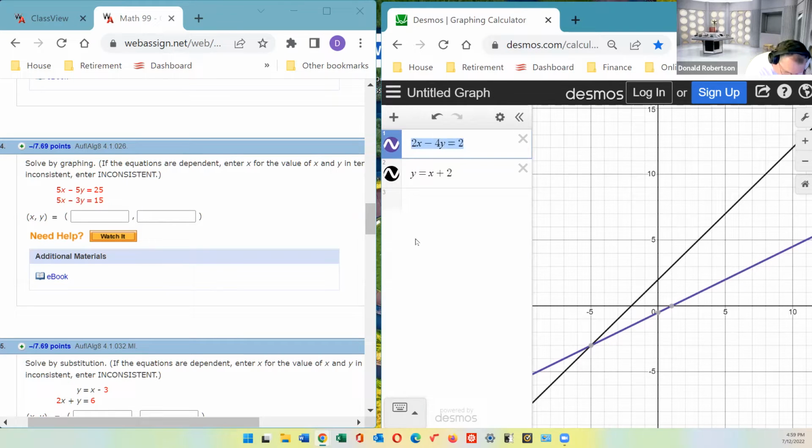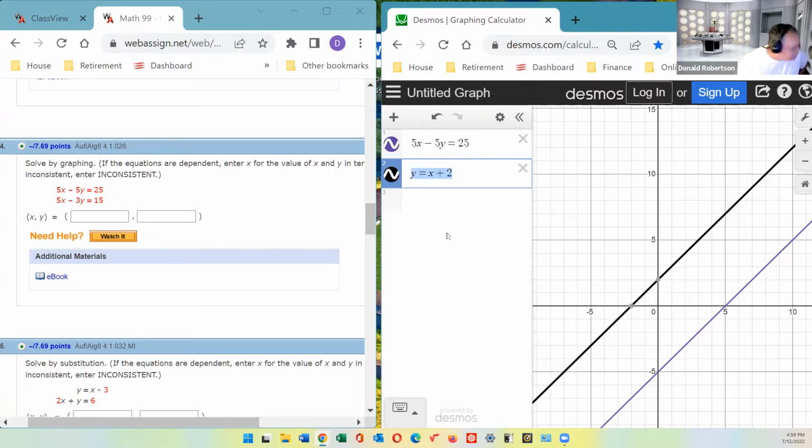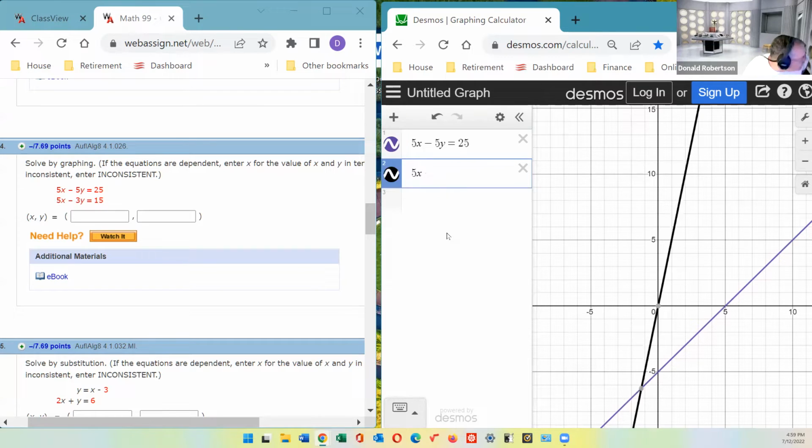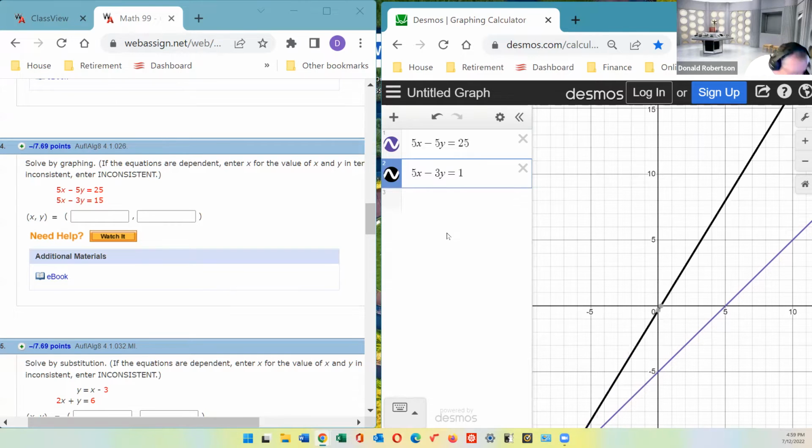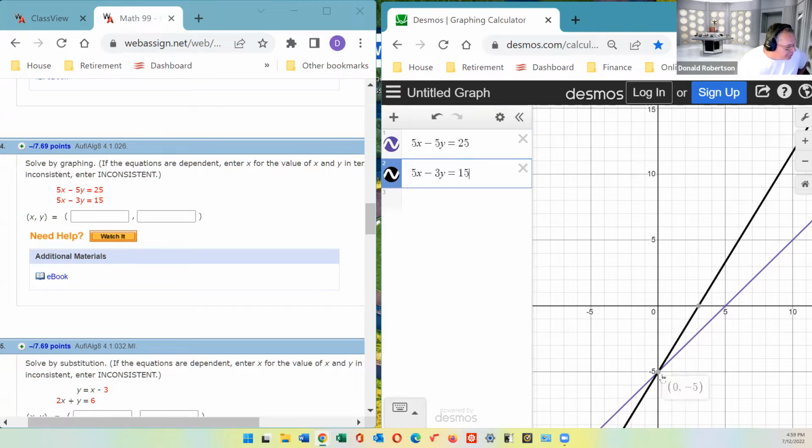Here is 5x minus 5y equals 25. And 5x, oh, I wish that was 5y. That's what I thought it said. So that's going to be 5x, take away 3y. And that's going to equal 15. That one has no problems.